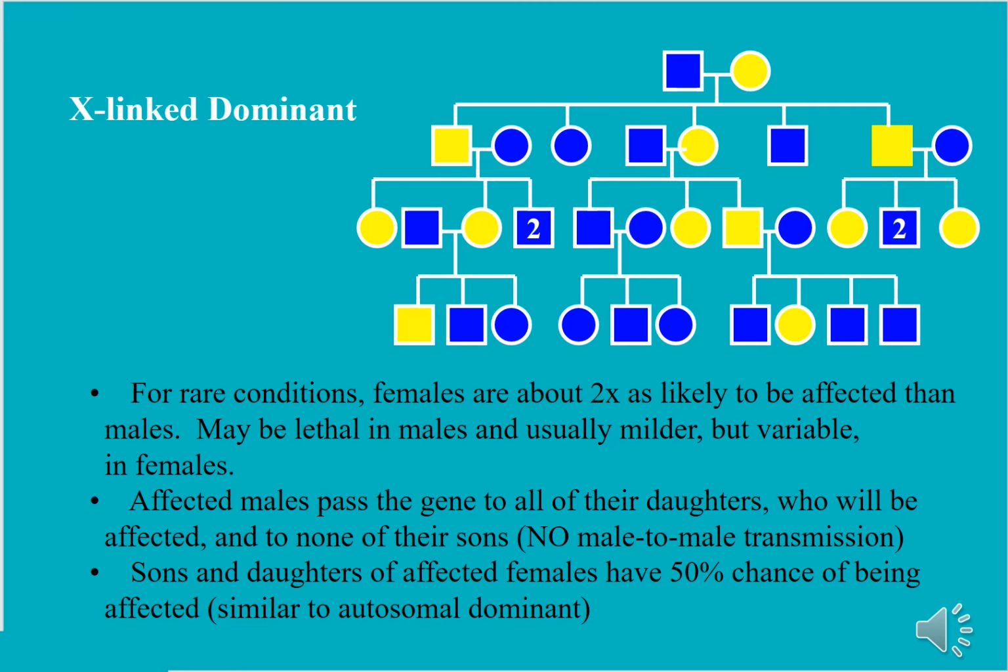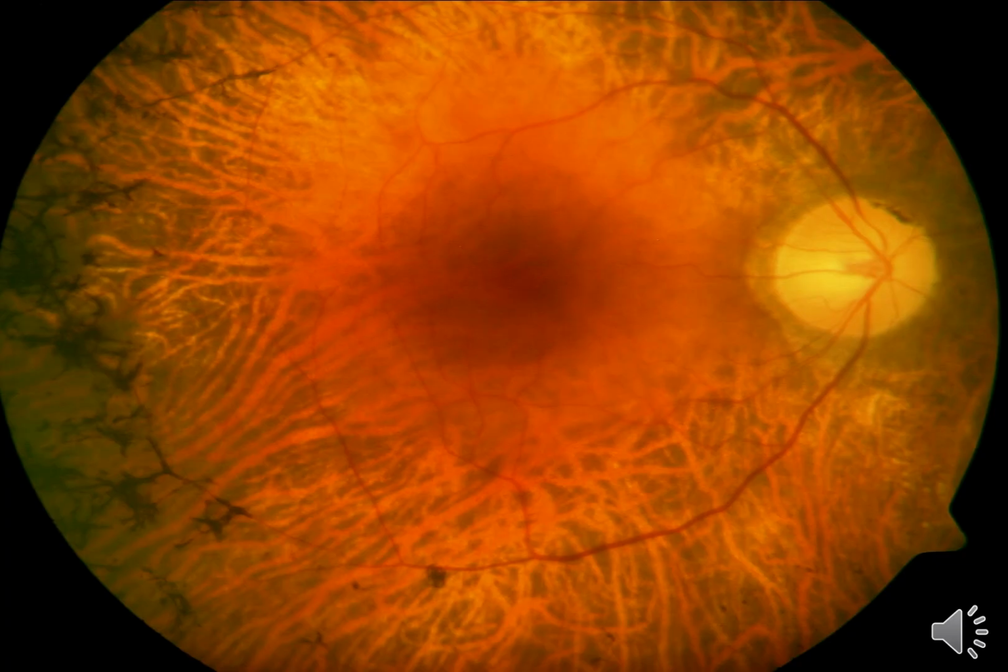And sons and daughters of affected females have a 50% chance of being affected, and this is similar to autosomal dominant. This slide shows retinitis pigmentosa, which can be transmitted as X-linked dominant.